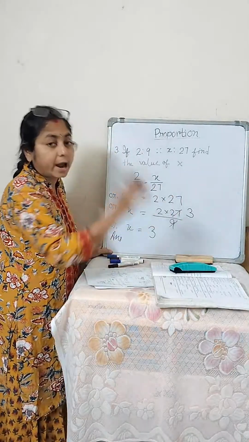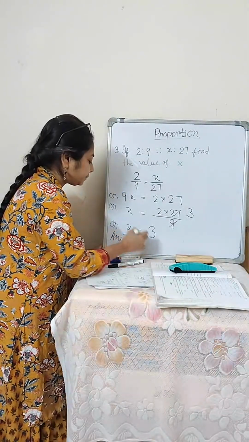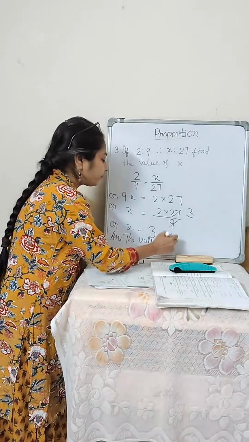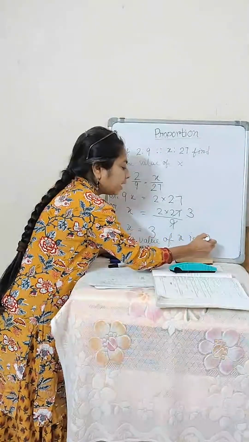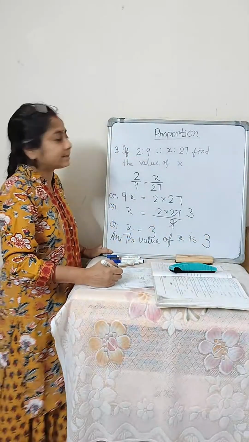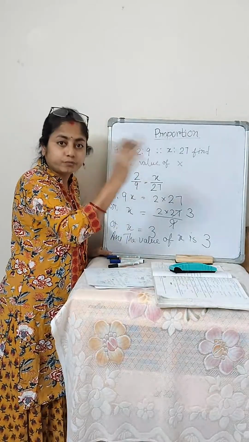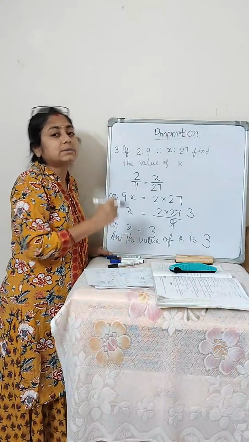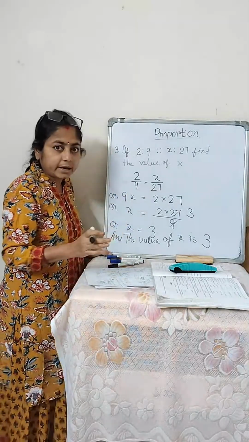You must write the answer. The answer: the value of x is 3. If you do not write the answer, you can't get the full mark. If the marks are 4, you get only 3 marks, because 1 mark is allotted for the answer. Clear?